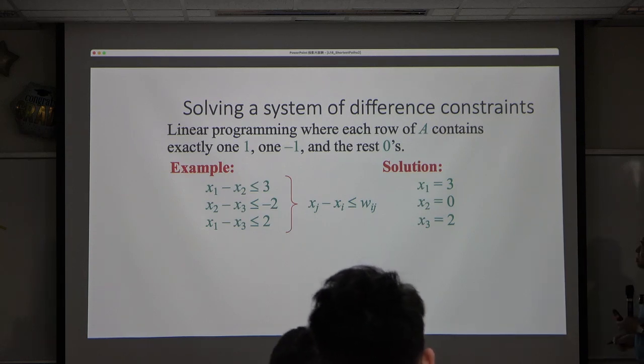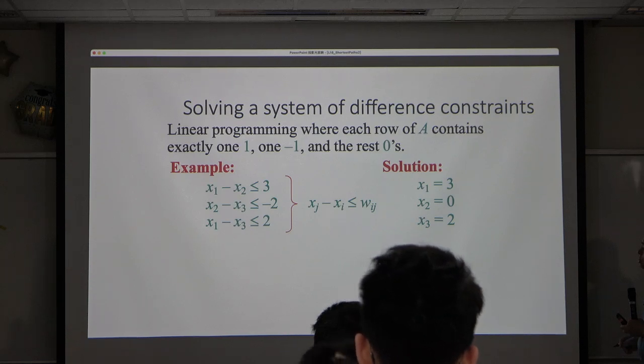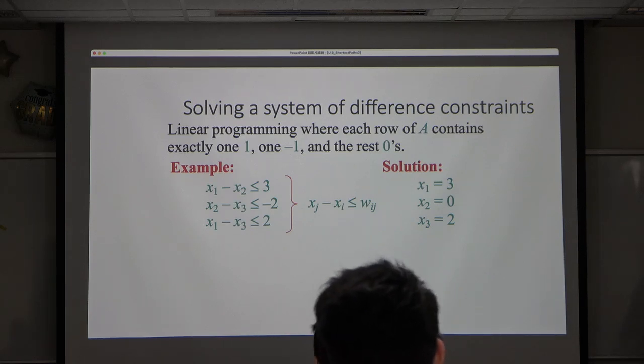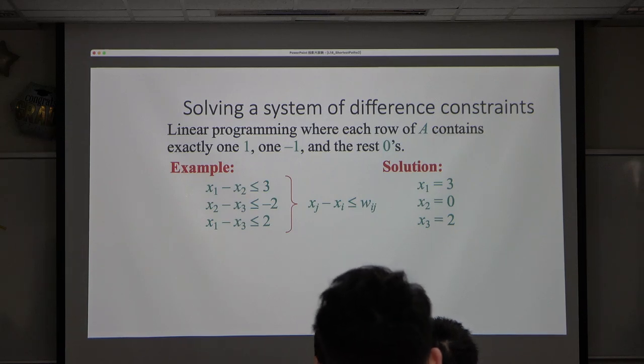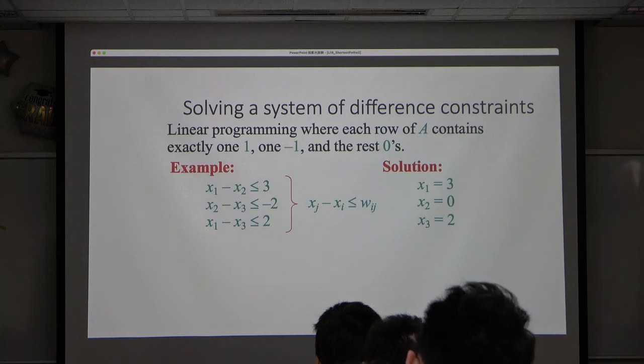And then V3 pointing to V2 is -2, right? And then we have V3 pointing to V1 with a weight 2, right?